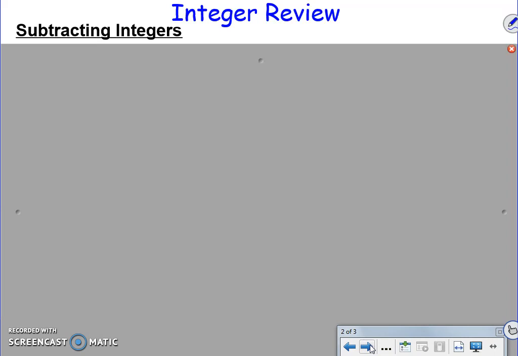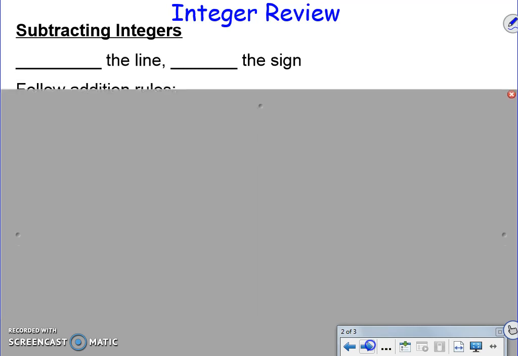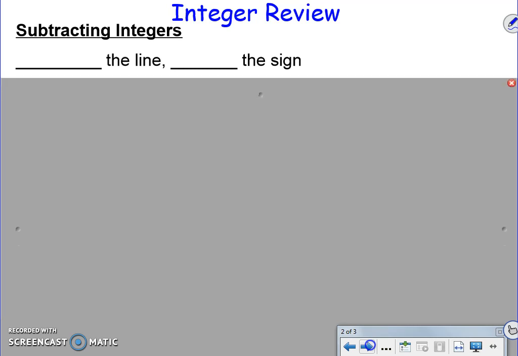Okay, subtracting integers. So this time, there's something you have to do first. You have to cross the line. So we're going to change it to an addition problem.